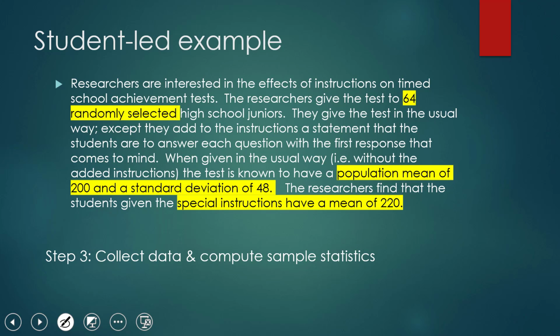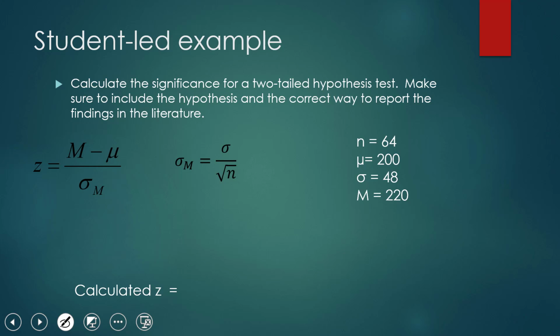All right, so now we need to collect the data and compute the sample statistics. Here again, we've highlighted the important information that we've needed. We wrote down already what that important information was on a previous slide. So we're going to jump ahead here, and I have it all written out here nice and neatly. This is our N, our population mean, our standard deviation, and our sample mean. So what we need to do first is calculate the standard error.